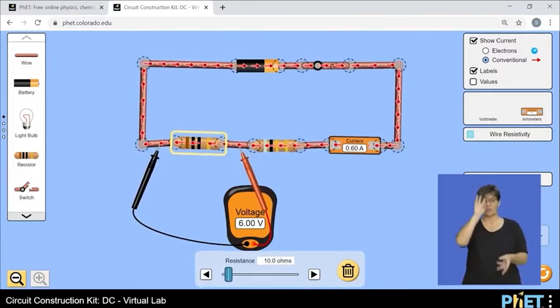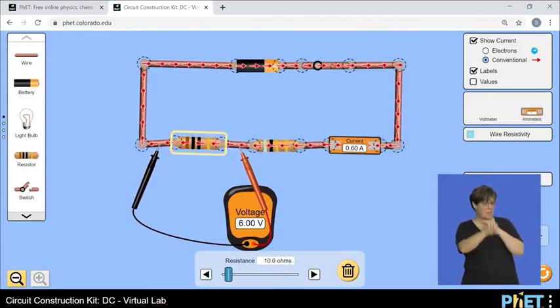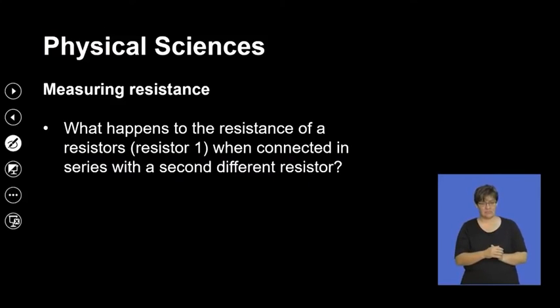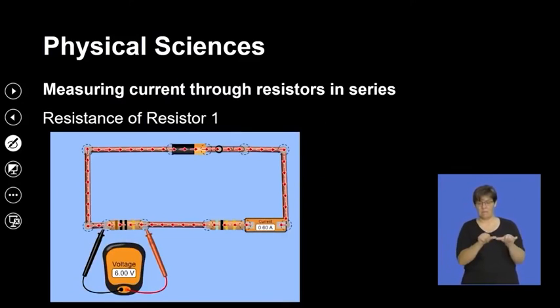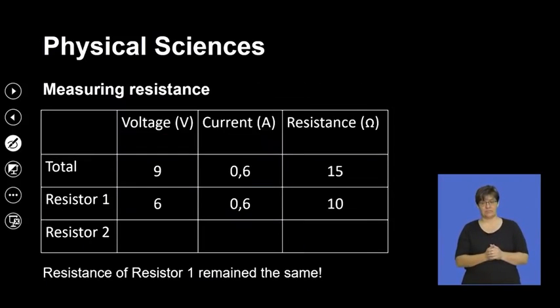But there's something very interesting about the total voltage in this circuit, which is something that we want to arrive at. So this is a big question: what happens to the resistance of resistor R1 when connected in series with a second resistor? We have measured the 6 volts and confirmed that, which is fine, right?